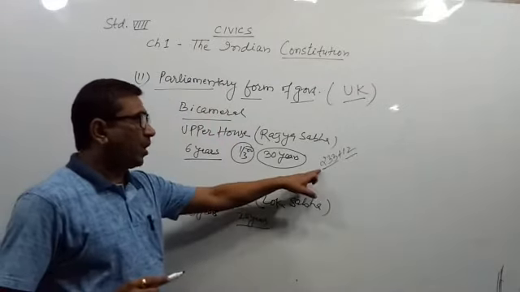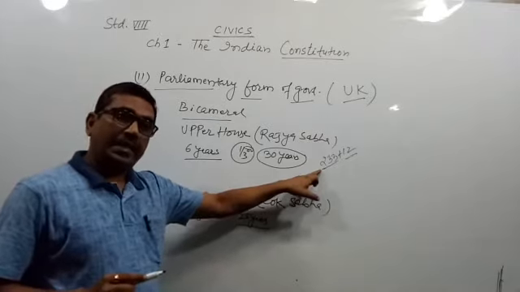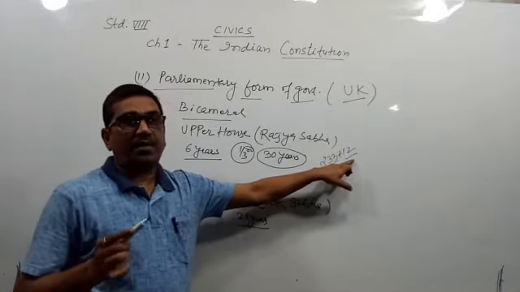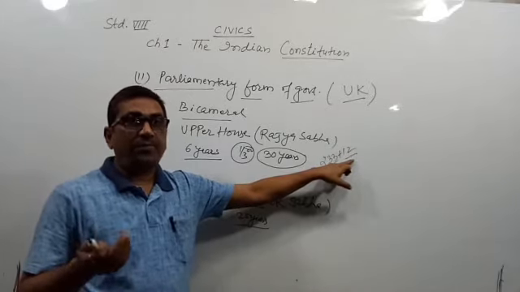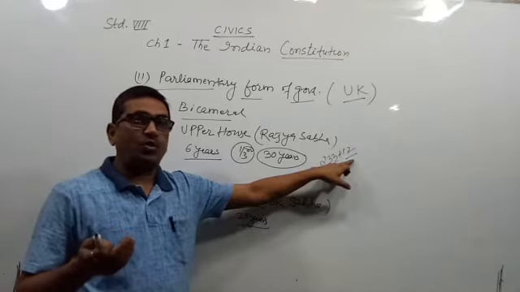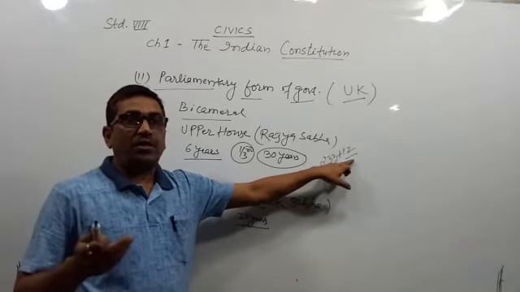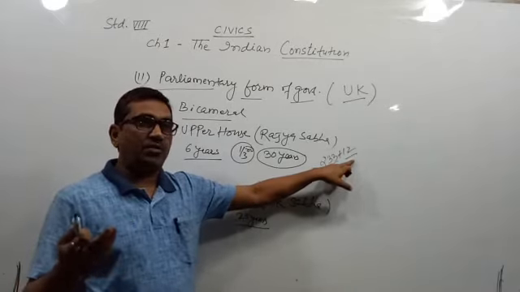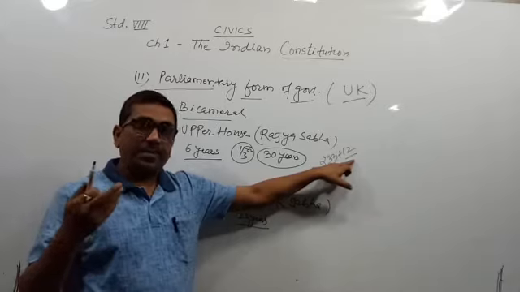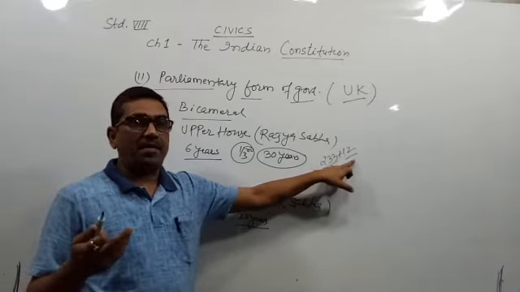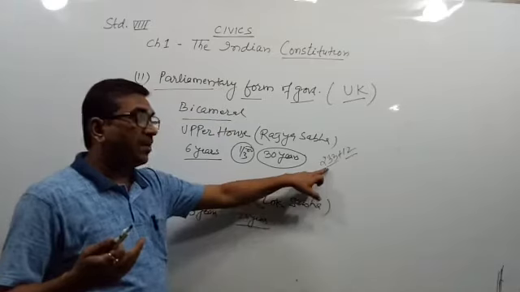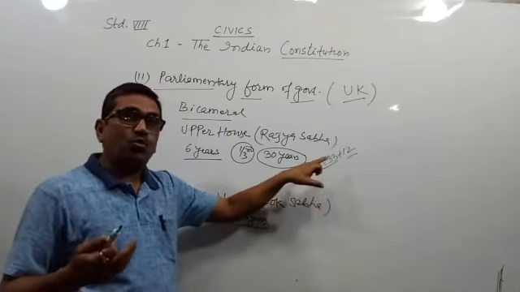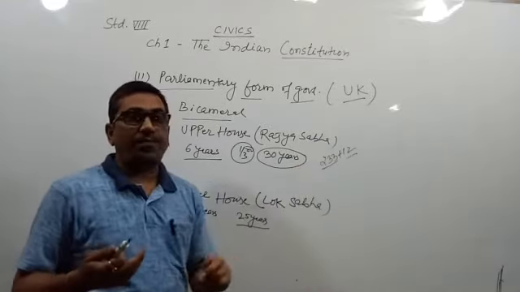It means 233 are elected and 12 members are nominated by the president from different fields, such as arts, sports, culture, history. Eminent persons from different backgrounds are nominated by the president. So 233 are elected and 12 are nominated. The total strength is 245.